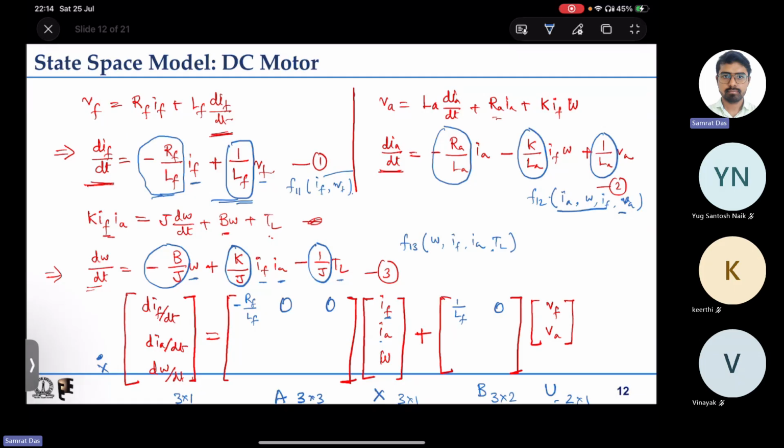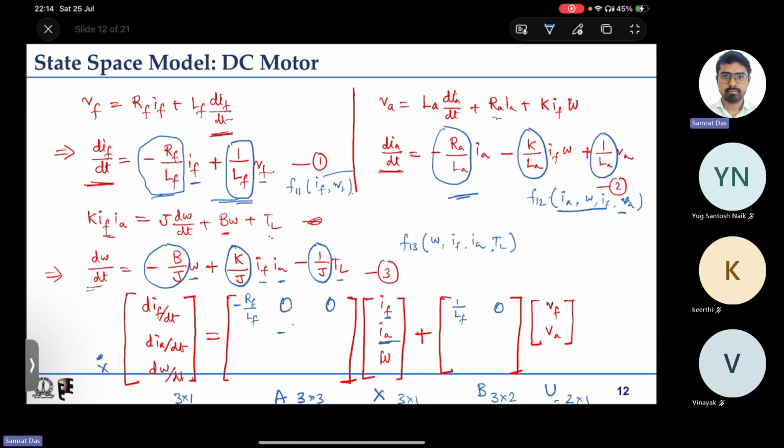Now let us move towards the armature circuit equation. Let us start from the first term only. This is multiplied by IA. So IA is the second entry in the state matrix. So we'll have to make the entry in the second row, second column.